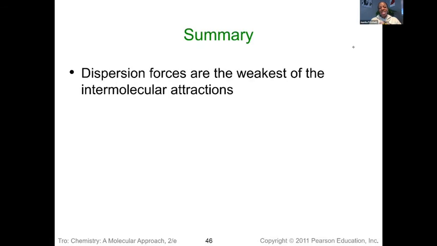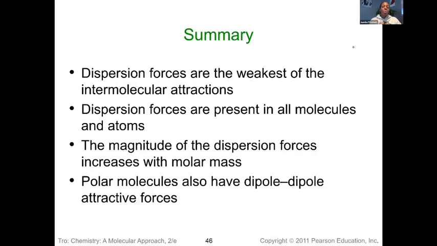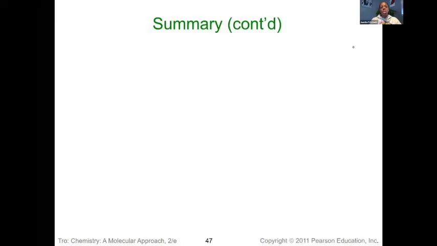All right, so to summarize everything we just covered, remember that dispersion forces are your weakest forces that are out there, and all molecules have these. The magnitude of the dispersion forces does increase with the molar mass. Our polar molecules, in addition to having dispersion forces, also have dipole-dipole attractive forces.